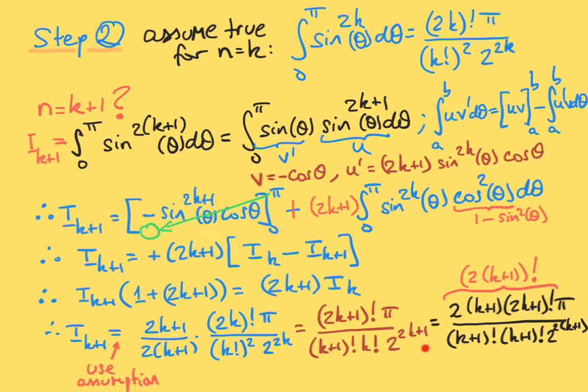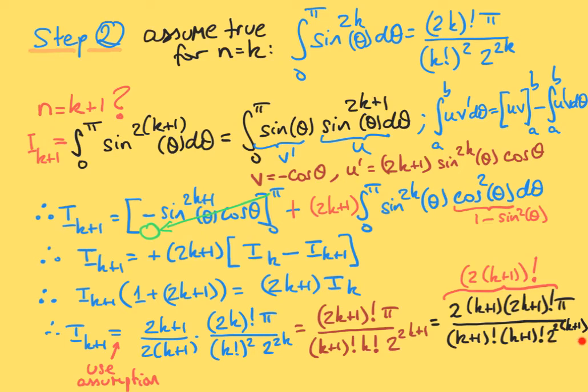I then say I'd like this to be 2 to the power of 2k plus 2, because if I go back to here, if I replace k by k plus 1, and then I look at the power, I've got 2 times k plus 1, so that's 2 times k plus 2 times 1, so it's 2k plus 2. So I've got to multiply this by 2 to get the denominator I would like to have.